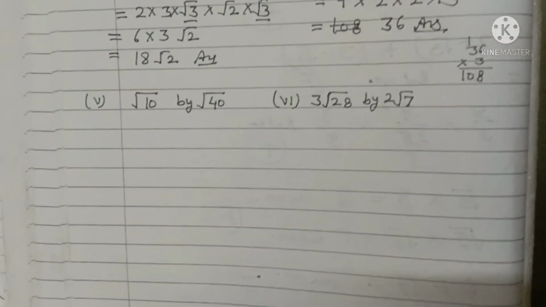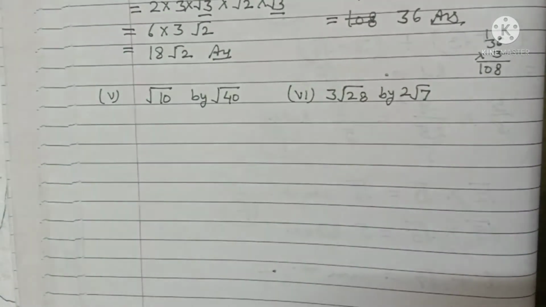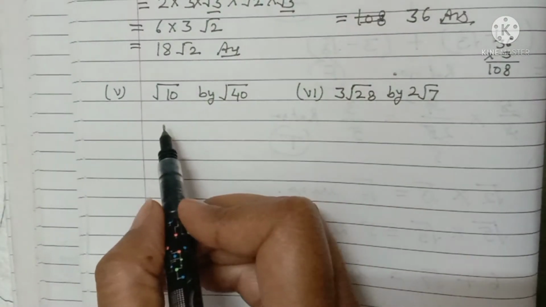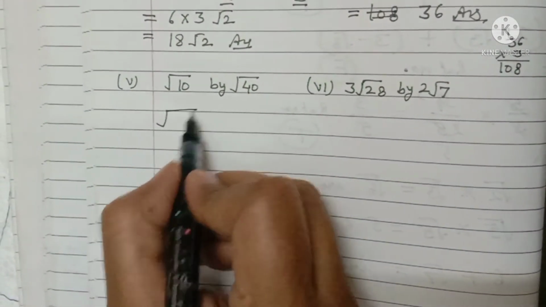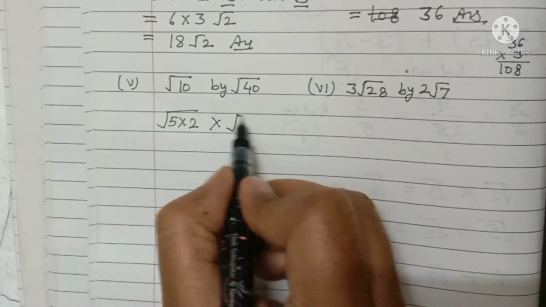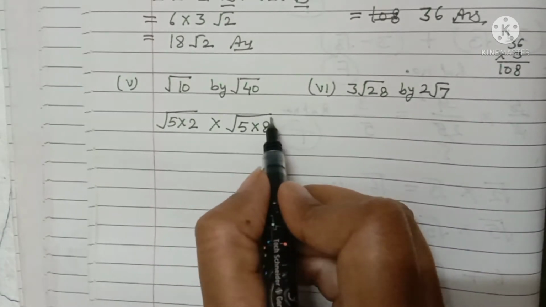Now come to the next part, under root 10 by under root 40. Under root 10, how to write it? Under root 5 into 2, and under root 40, 5 8s are 40.